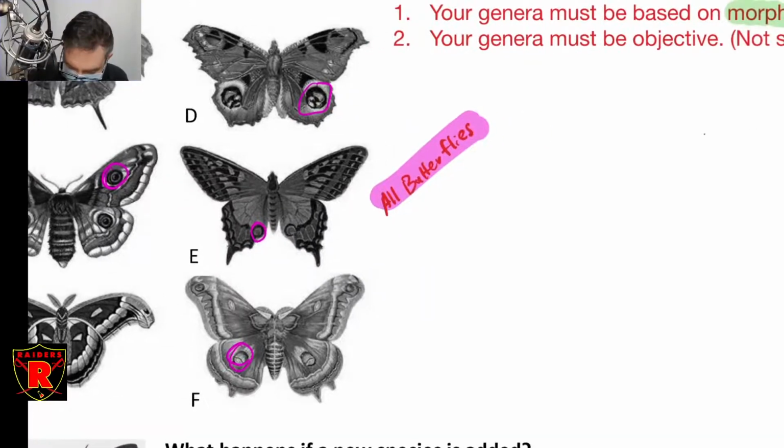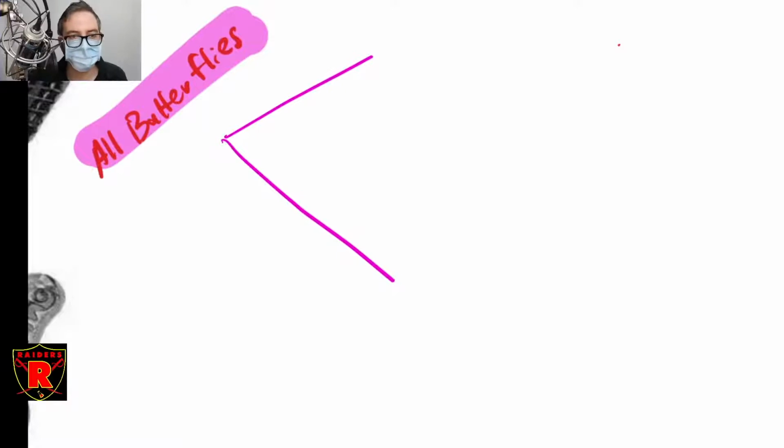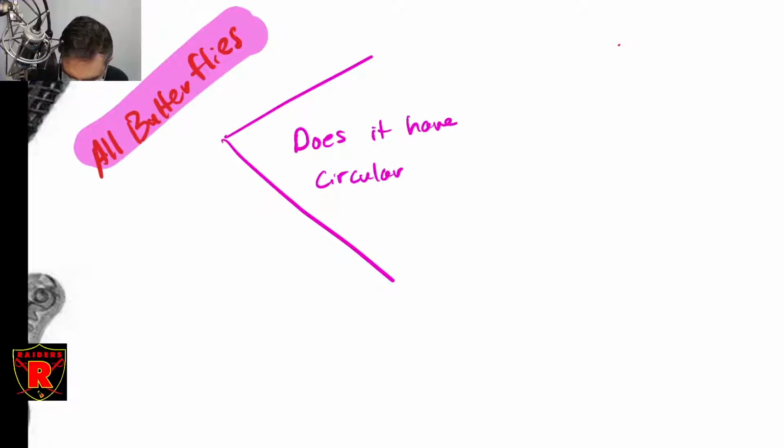So let's do the split here. You're basically going to ask a question: does it have circular markings? We've got yes, it does, and no, it doesn't.